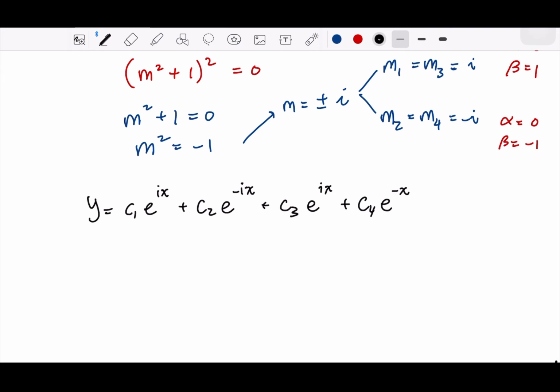And from what we have, I think I've also in your notes, we can rephrase this components with the cosine and sine through the Euler formula.